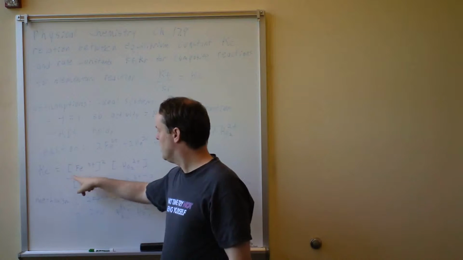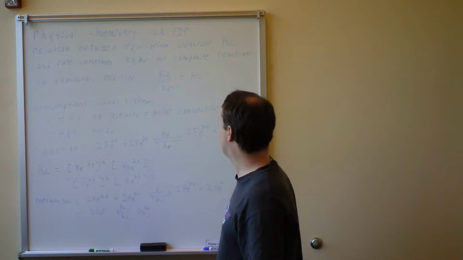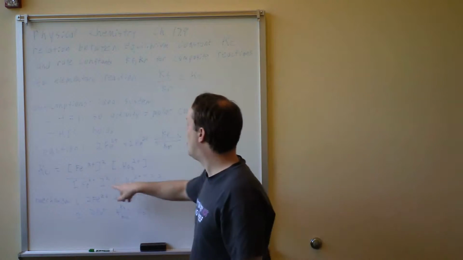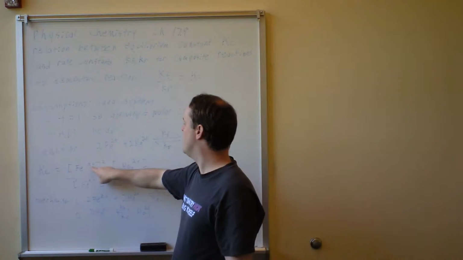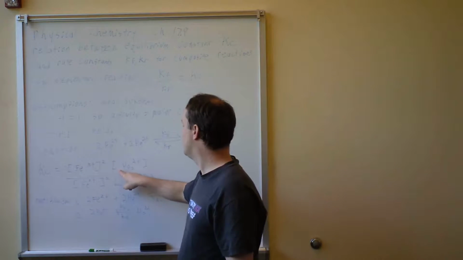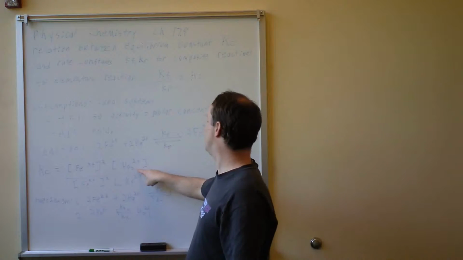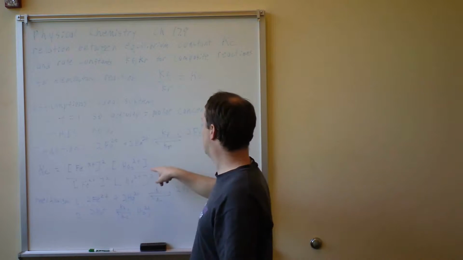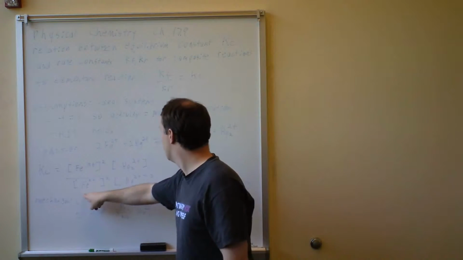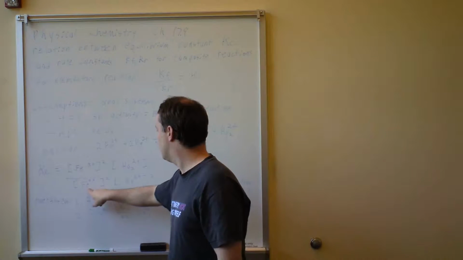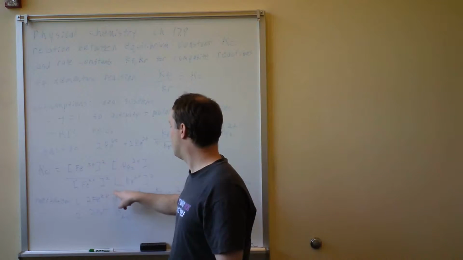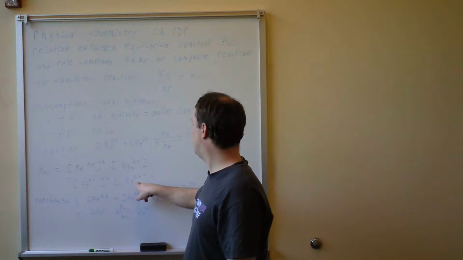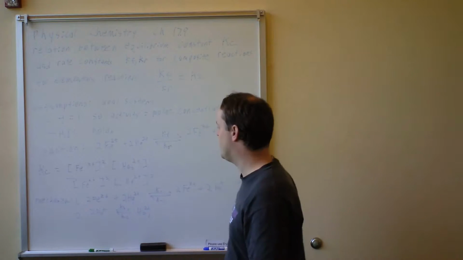Now the Kc, the equilibrium constant, is just going to be the products over reactants. So we have the Fe3+ squared because of the 2, times the concentration of Hg2 2+, divided by the reactants, Fe2+ squared because of the 2, and then Hg2+ squared because of the 2.